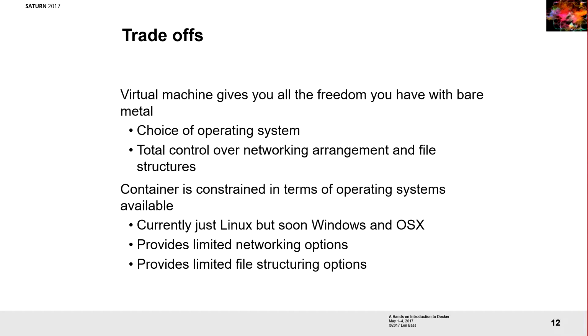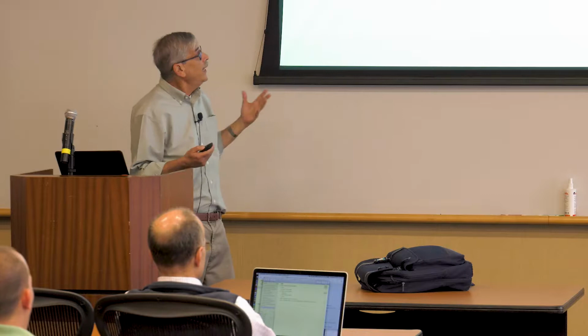Okay, so a virtual machine gives you total control. Put any operating system you want. You can control within the hypervisor. You can control how you do file allocation. You can control how you do networks. You control what protocols you use. Everything you want. Containers are constrained. Okay, so right now, when I wrote this slide, it just worked on Linux.